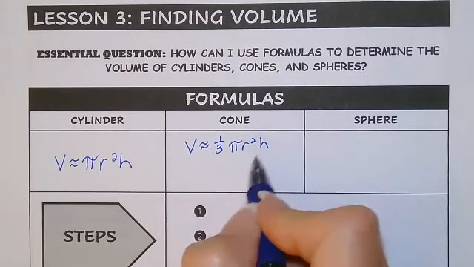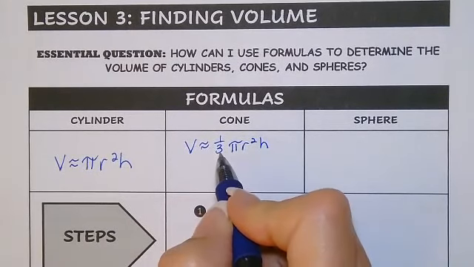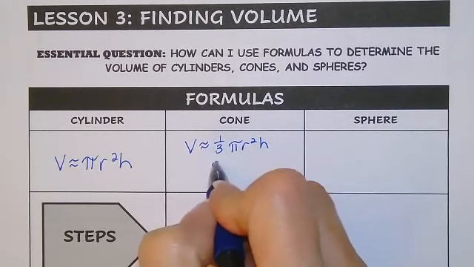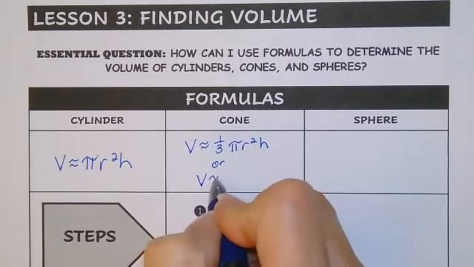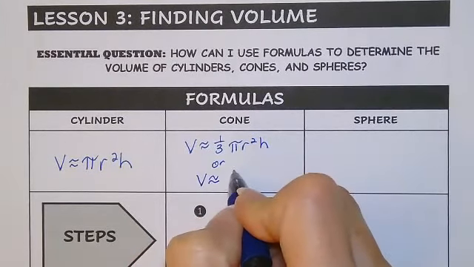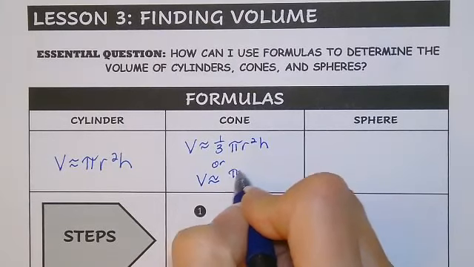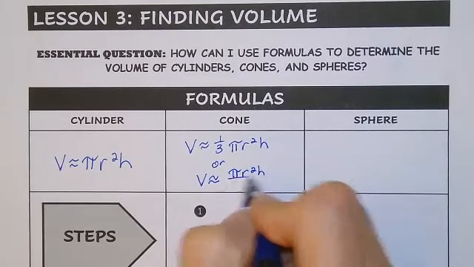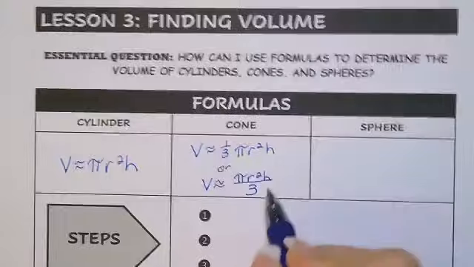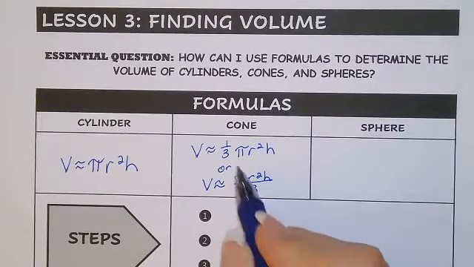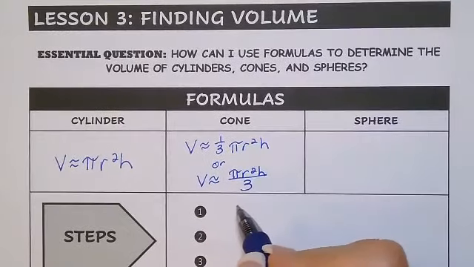Another way you can calculate this is to find pi r squared h and divide it by 3. So 2 similar formulas. Pi r squared h divided by 3. These are essentially the same formula.